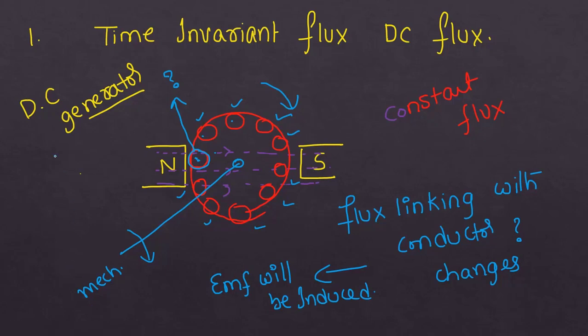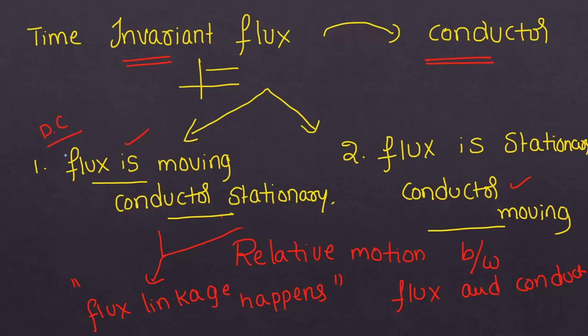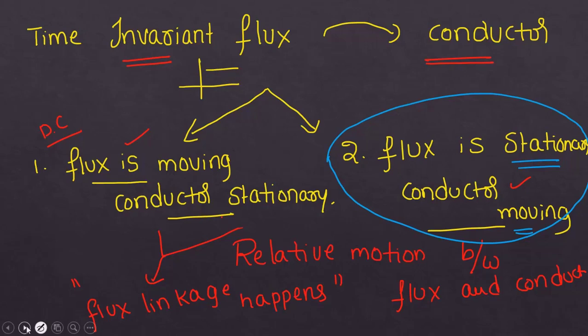This is what we discussed in the first case: conductor rotating, flux stationary. Flux is stationary, conductor moving. This is how flux linkage will happen.